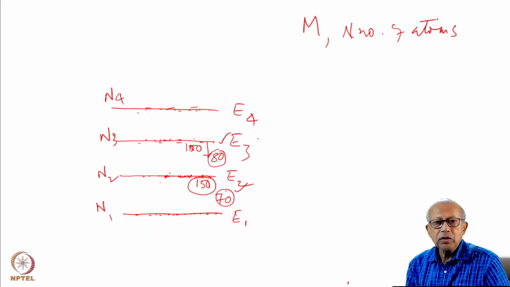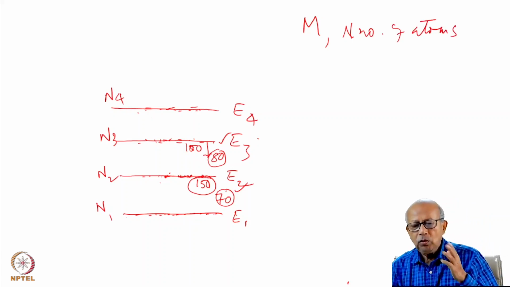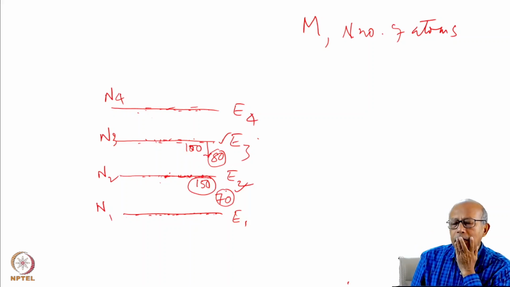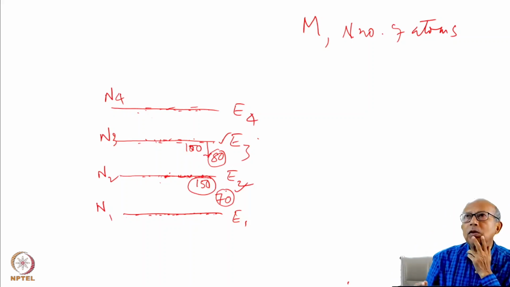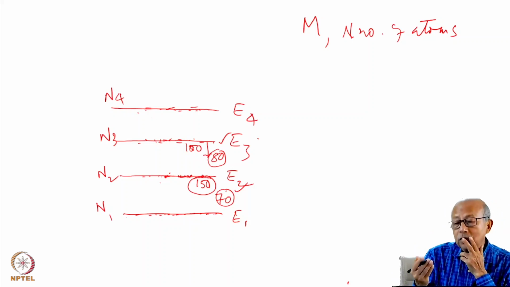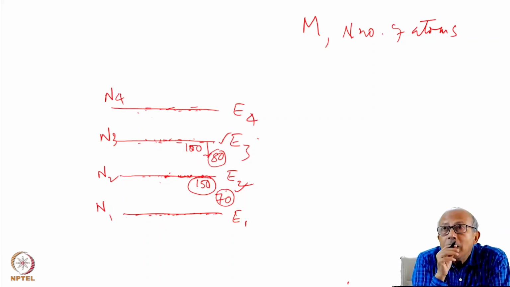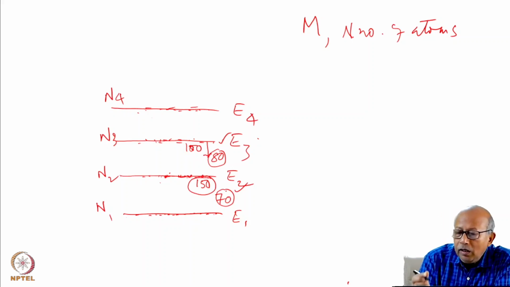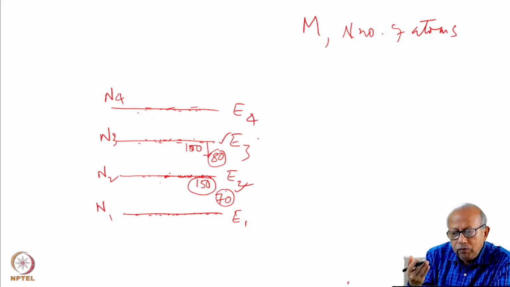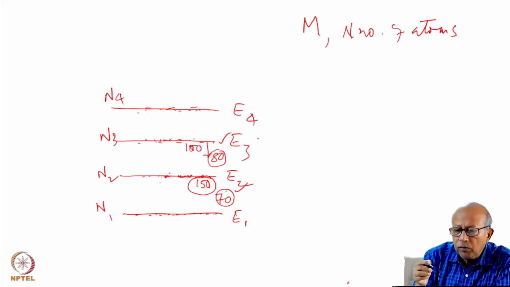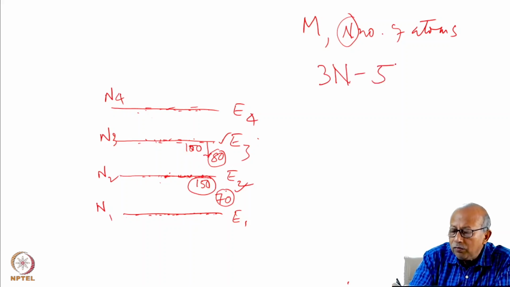You have already studied, when you learned the principle of operation of the carbon dioxide laser, for which you learned some molecular spectroscopy, that the number of vibrational modes of a molecule which consists of n atoms is 3n minus 5.